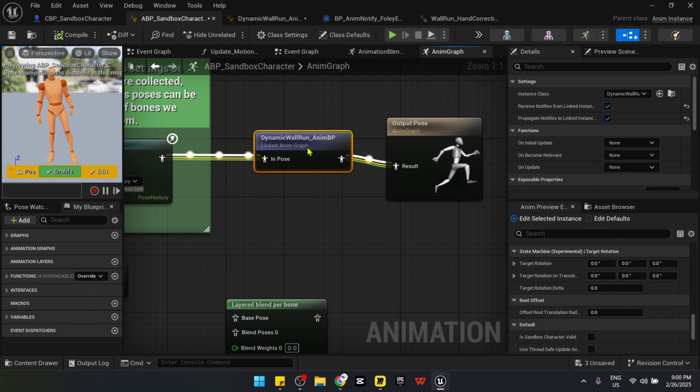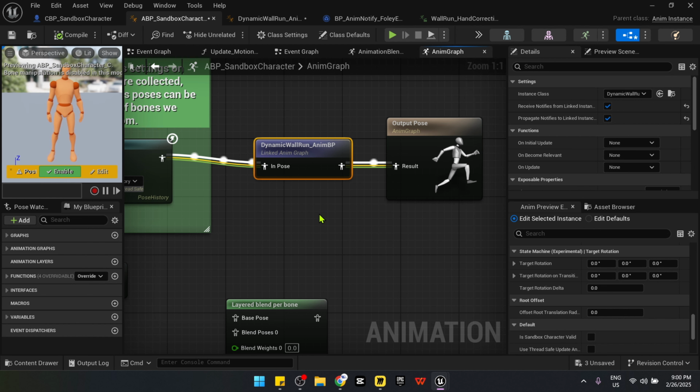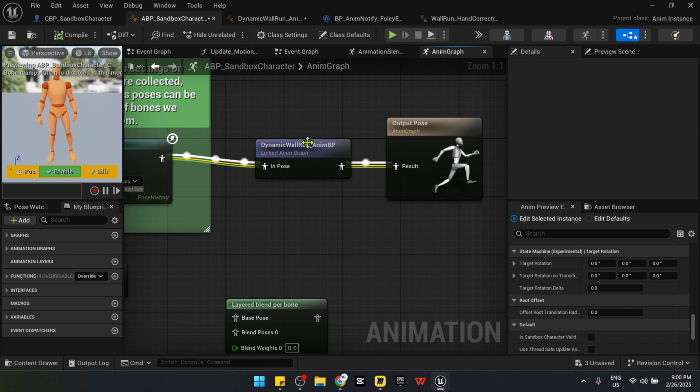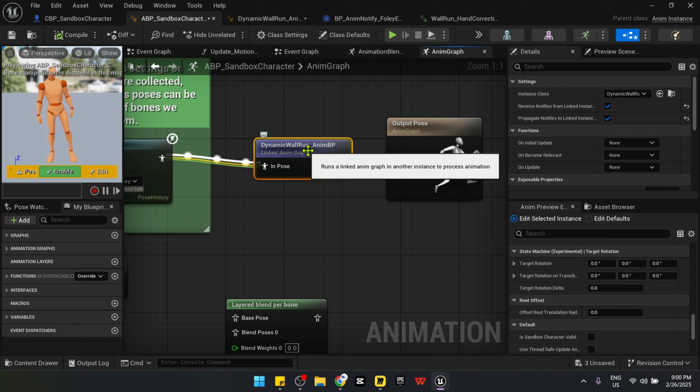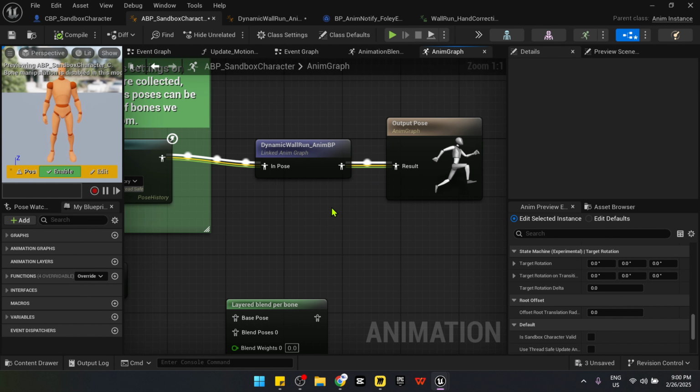Instead, it uses a state machine. So I was trying to figure out how to change around the animation weight, so that I can play a certain anim and anim notify, like footstep or whatnot.